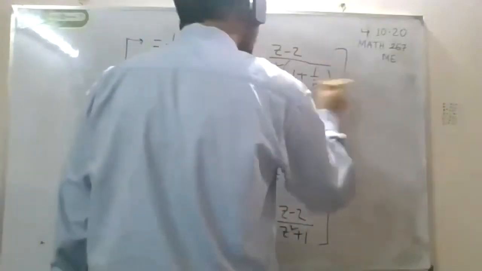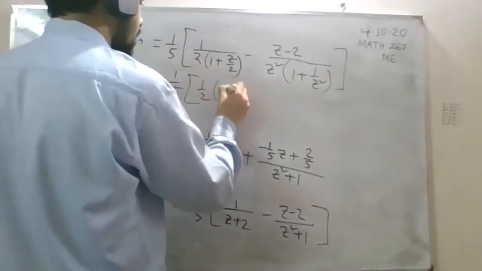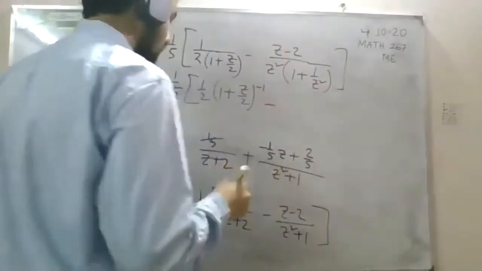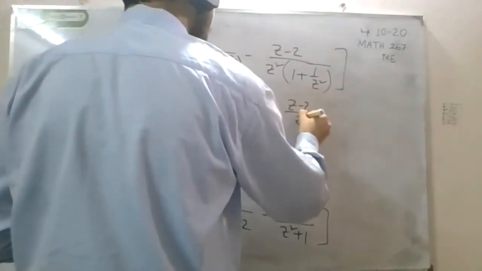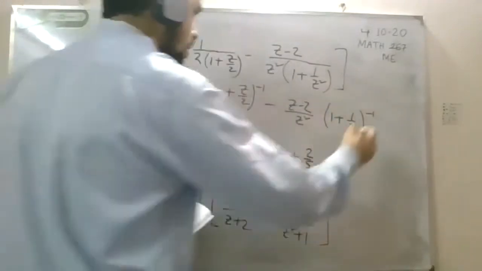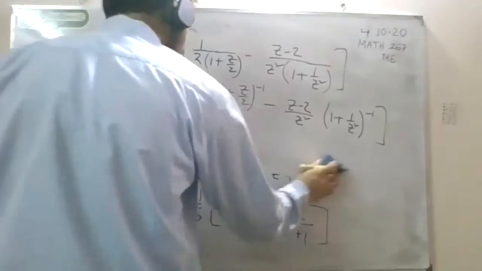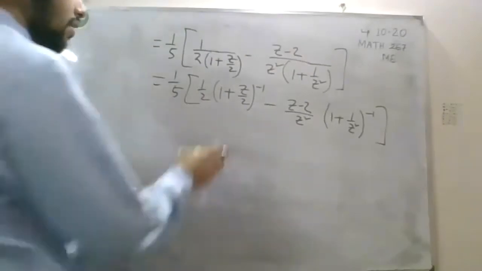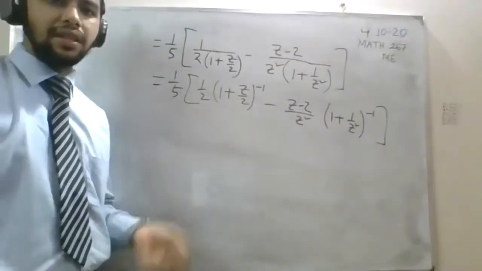Okay, and after that you can also write this equation: 1 plus z by 2 is 1, and also here you can say it is z minus 2 divided by z square, and 1 plus 1 by z square. So from here you can just expand this term into a binomial expansion, and you can get your required result.